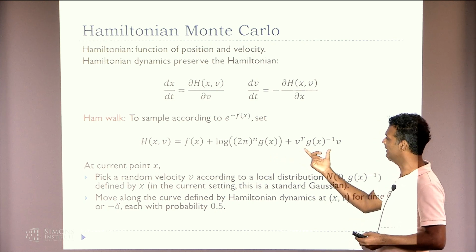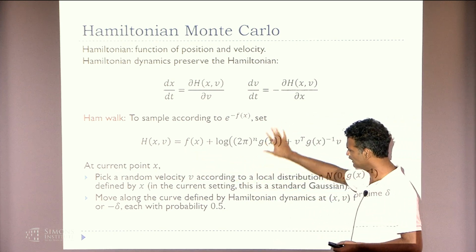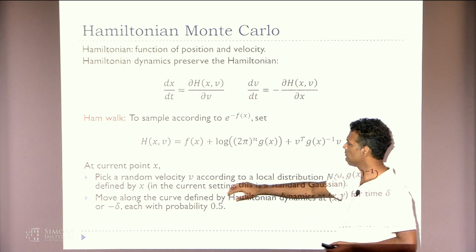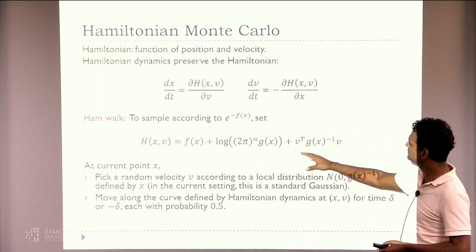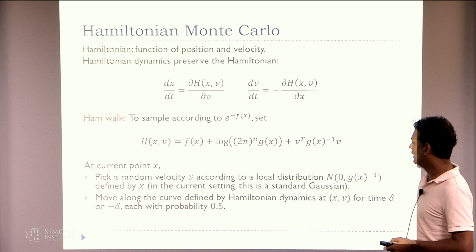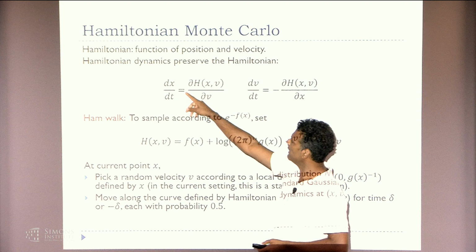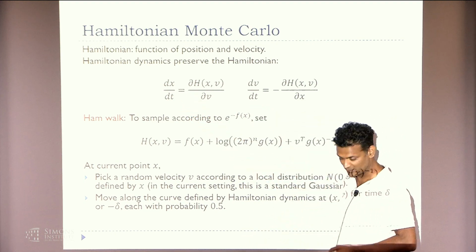It's sort of energy, and that's the function. And this is a constant, so this term just drops out when g is identity. So we're saying set the Hamiltonian to be the function plus, you could set it to half of v squared in the standard way. And then look at the derivatives. The derivative of x is just the velocity. dx by dt is just v. This is half v squared. You get v.